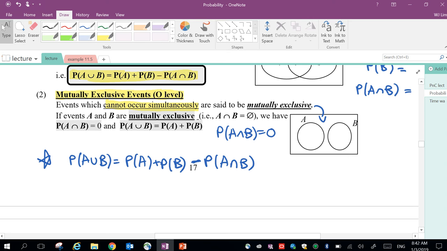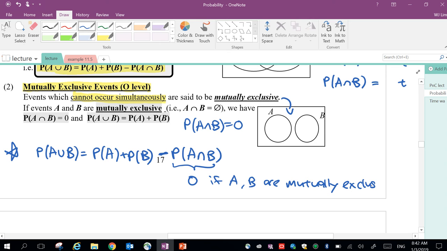If A and B are mutually exclusive, the intersection will be 0, and so A union B will be PA plus PB only if A and B are mutually exclusive. Clear about that? Only if they don't intersect.